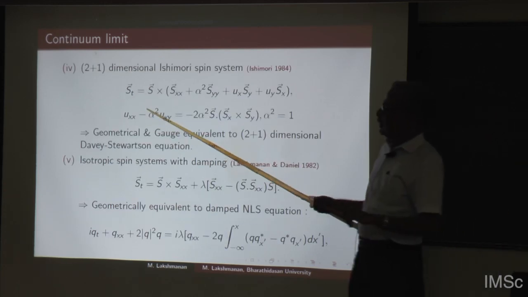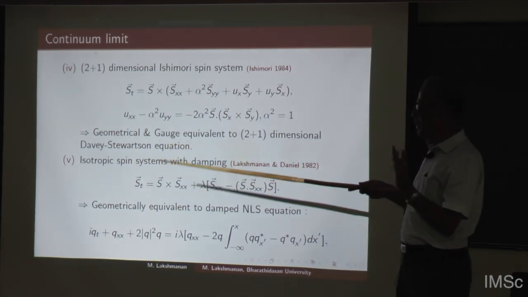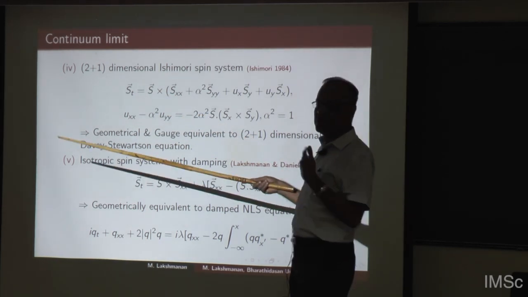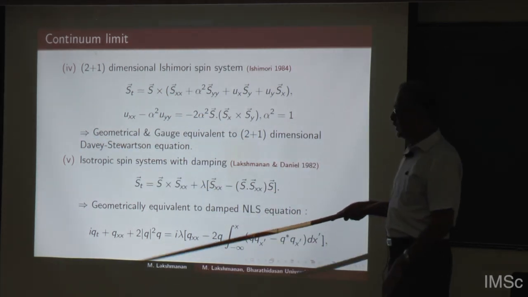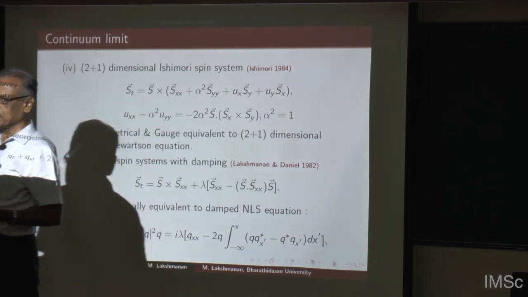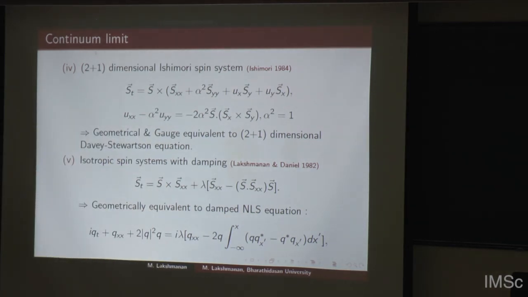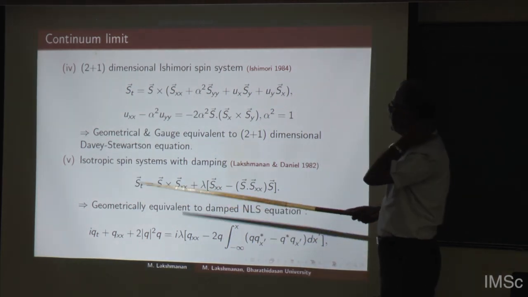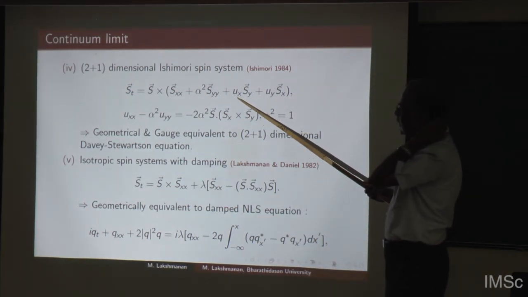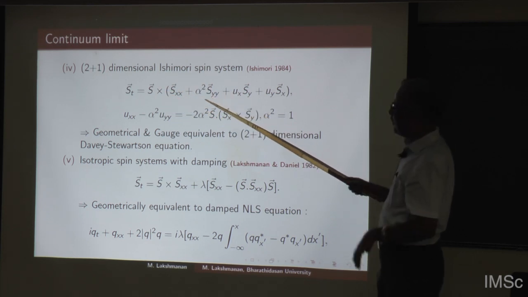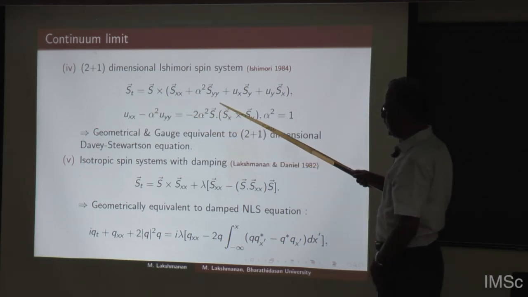Yeah. So this can be generalized in different ways. We have done many generalizations of that. It is also of interest to extend this to 2 plus 1 dimension. But unfortunately, in 2 plus 1 dimension, the straightforward generalization, for example, the Heisenberg spin chain, just S_t equal to S cross S_xx plus S_yy, that is not integrable. So we have proved it; there are methods to prove this which have been developed recently. But then there is one interesting transformation which is essentially a non-local form of this Heisenberg spin equation.